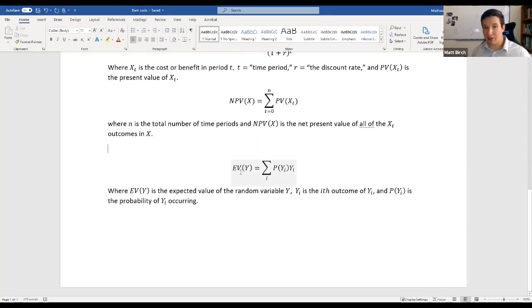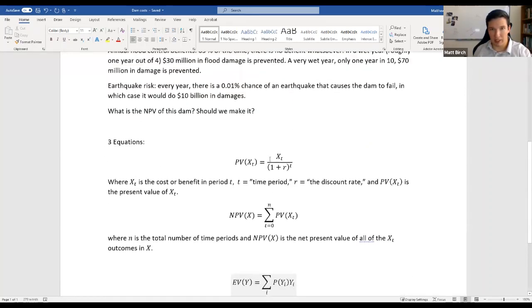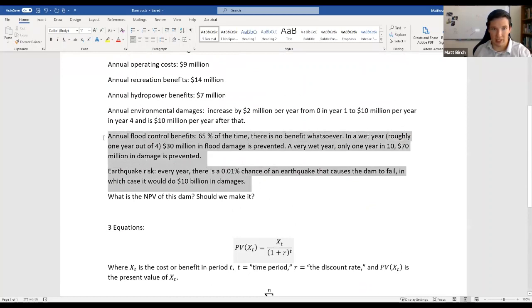The expected value of some variable y being a random variable with multiple outcomes, is equal to the sum of the probability of each specific outcome of yi, times the value of that outcome. So we'll demonstrate that in a little bit because we're going to have to do it twice for these two. In the meantime, let's switch over to Excel and go for it.